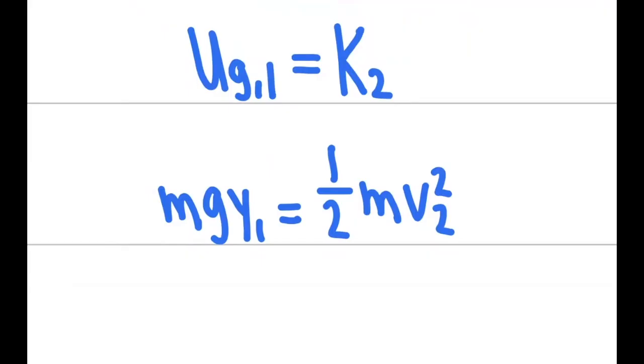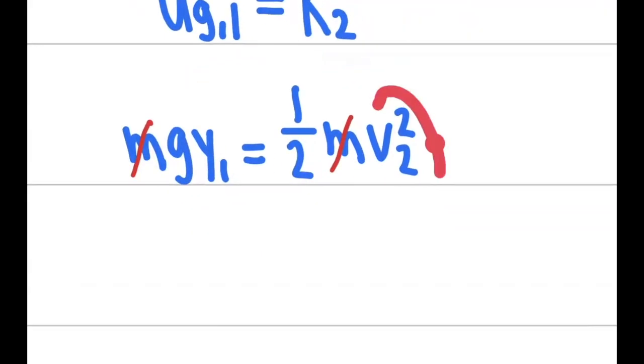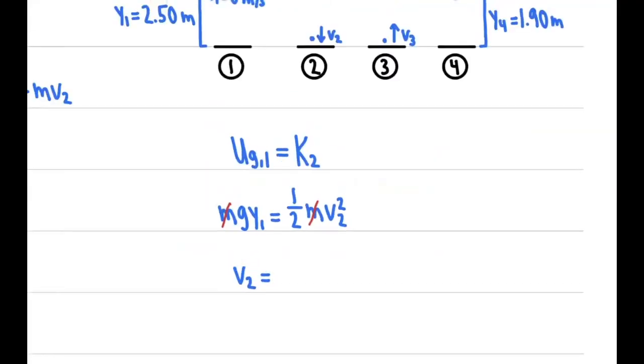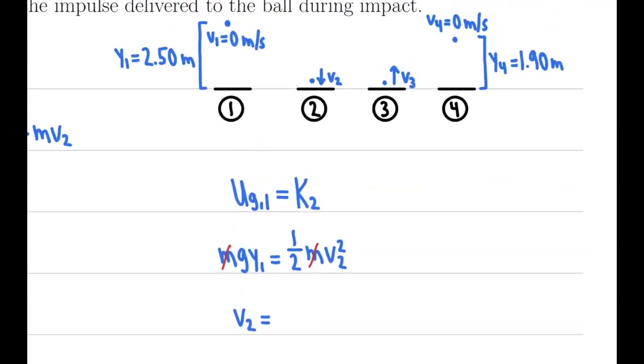So the m's cancel because I can divide both sides by m. And I want v2, so I'm going to multiply both sides by 2 and take the square root. And remember, when you take the square root of both sides of an equation, you have to put plus or minus. And I'm actually going to use minus because v2 is downward.